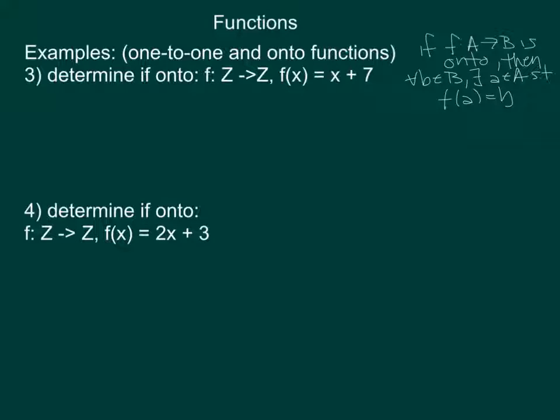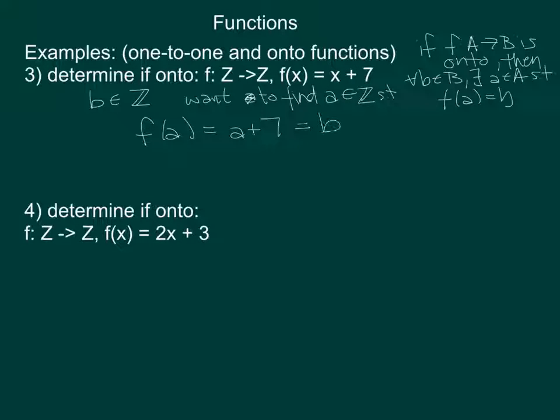So in other words, if I choose an integer, let's just choose a random integer, we'll call it b. I want to find some other integer, so I want to find an integer a such that f of a, which is equal to, according to our function, a plus 7, is equal to b.